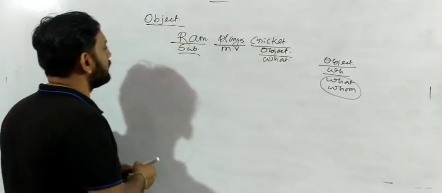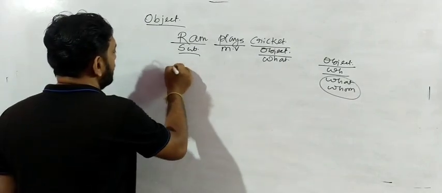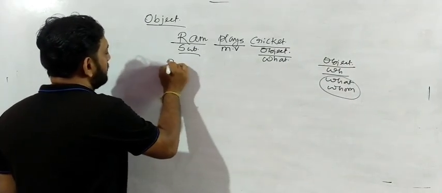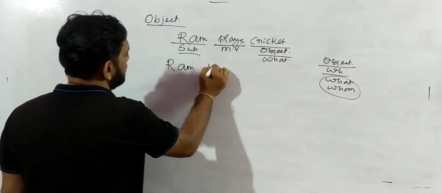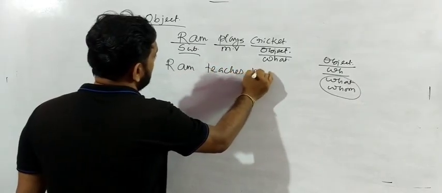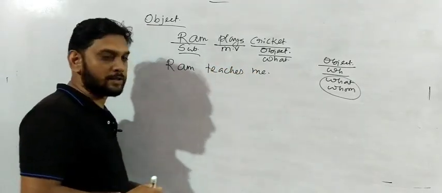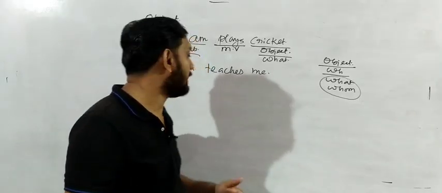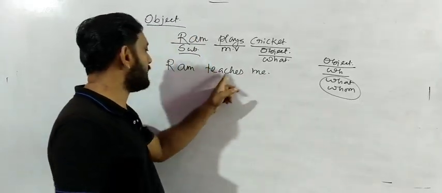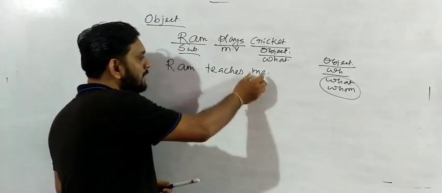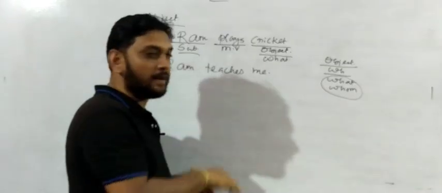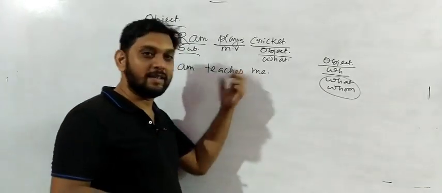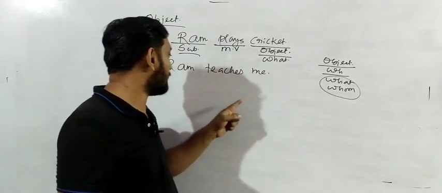If I take another example over here, suppose Ram teaches me. If I want to ask you where is the object in this sentence, how can you define it? You can say, Ram teaches whom. So this me is the receiver of the action of the main verb.